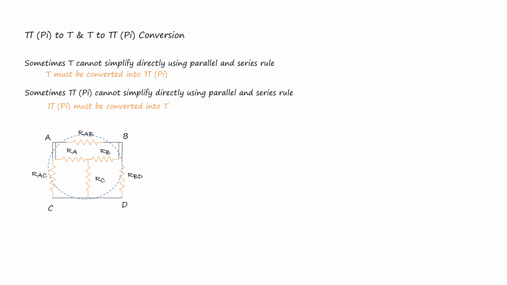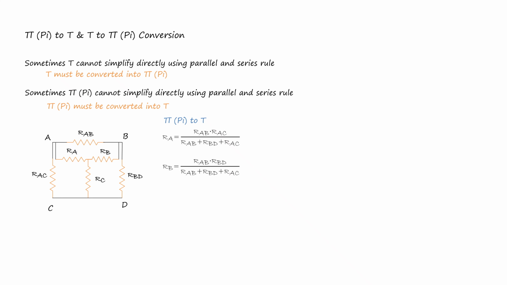So let us see the conversion from pi to T network. When we convert pi to T, let us start from RA. RA is equal to RAB times RAC over the sum of resistors in pi.